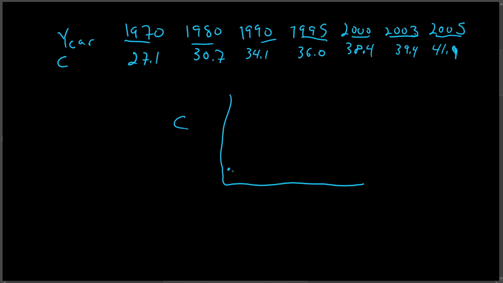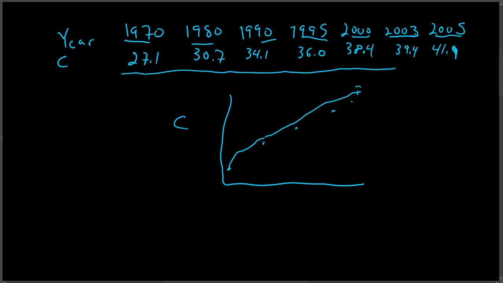I start here. I come up. And there's a little kind of trill upwards here. But if I look at these numbers, they're rising. But it's not an exponential rate. It's almost linear with probably an outlier in the data here.